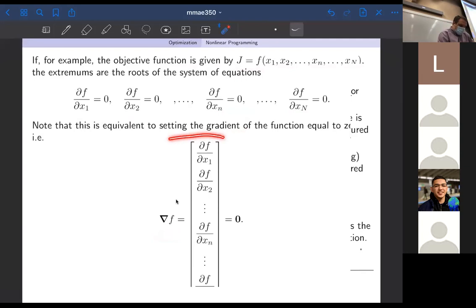So if I evaluate the gradient, that's just a vector of all of those first partial derivatives: f with respect to x1, f with respect to x2, down to f with respect to xn. Then, if I set that vector equal to 0, notice this is bold, it's the 0 vector. If I set that equal to 0, that is my necessary condition for an extremum. All the derivatives are being set to 0.